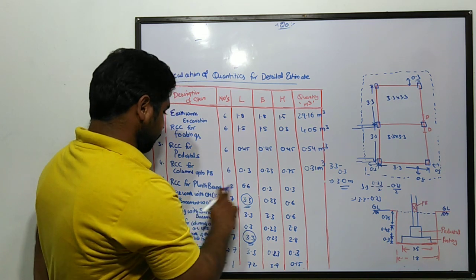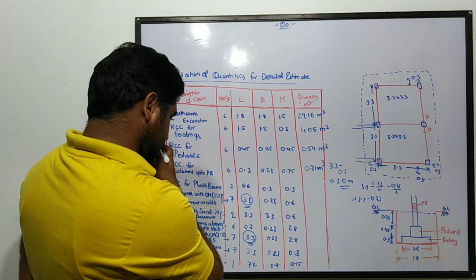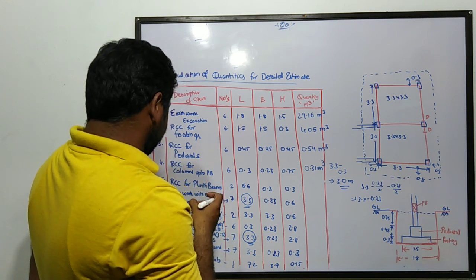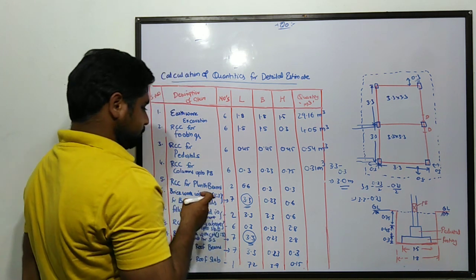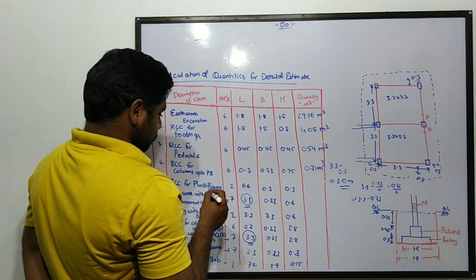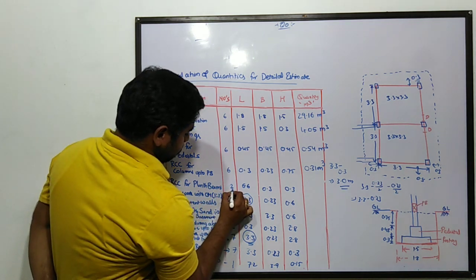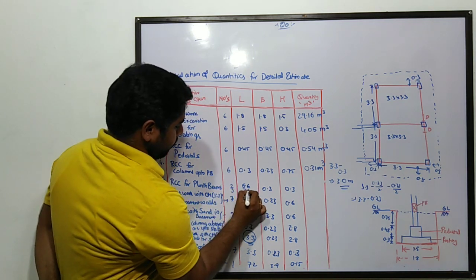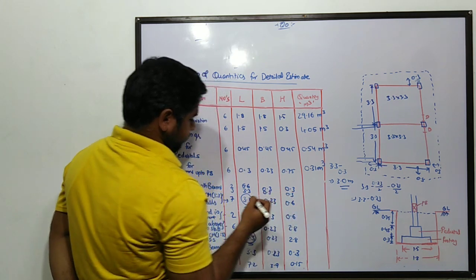So coming to the plinth beams, 2 numbers and 3 numbers, 3.3, 0.3, 0.3.